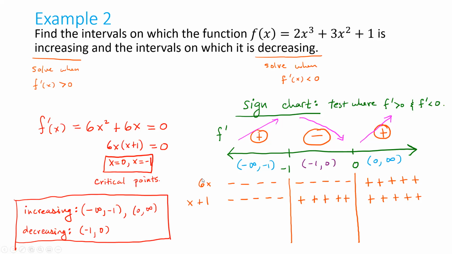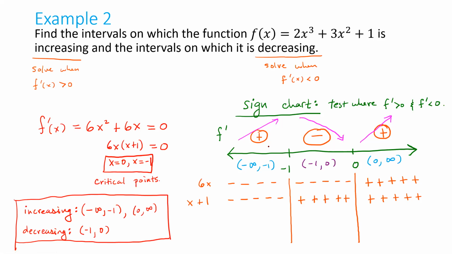So when I multiply 6x times x plus 1 on this interval, you're going to have a negative times a negative, which makes a positive, right? And then here, a negative times a positive makes a negative. And here, a positive times a positive makes a positive. So it just gives me a rapid way of doing it.